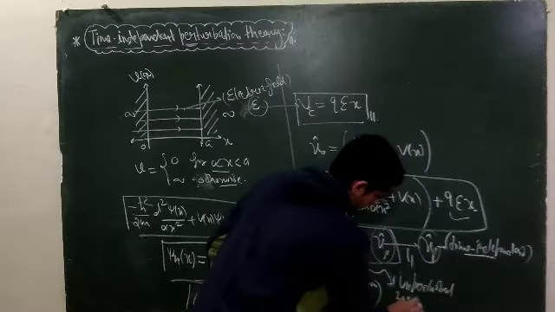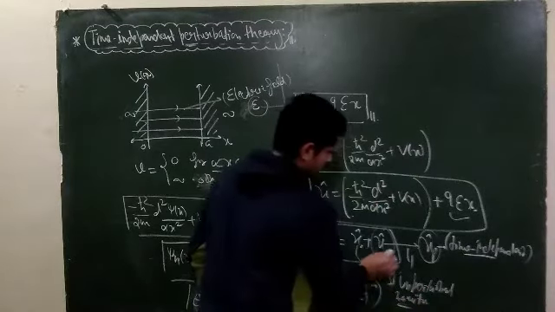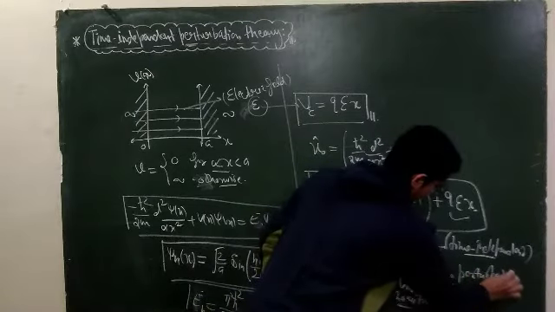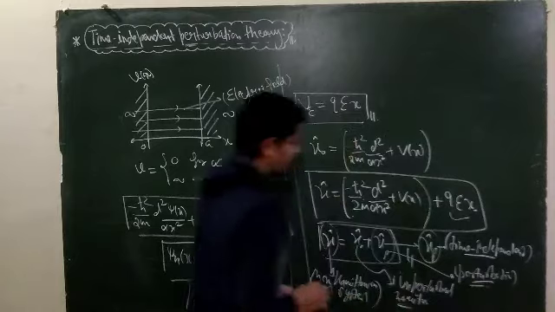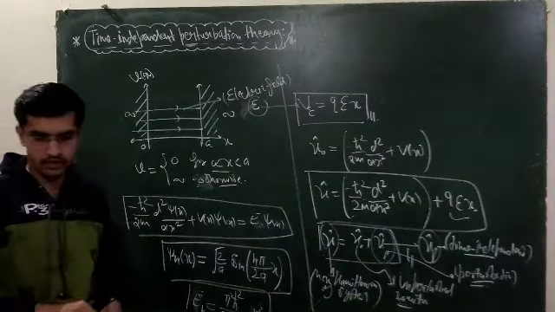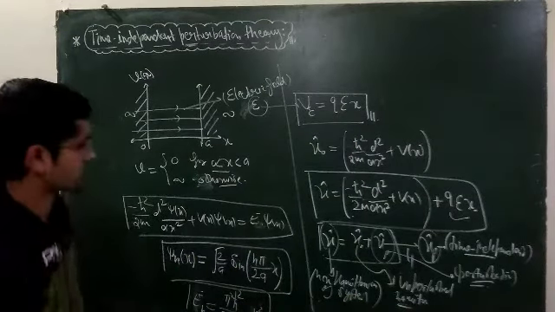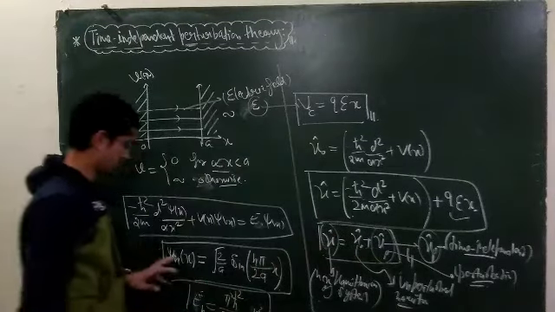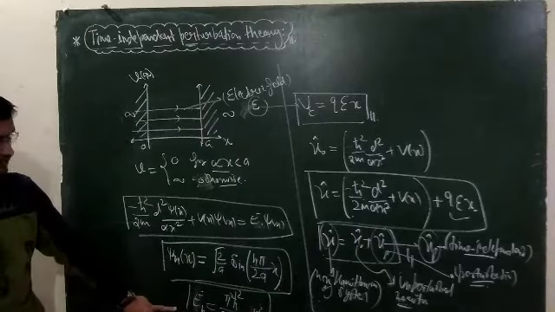And this is the perturbation to the system, right? In this theory, we just want to calculate the effect of this perturbation on the wave function and eigenenergies of the system.